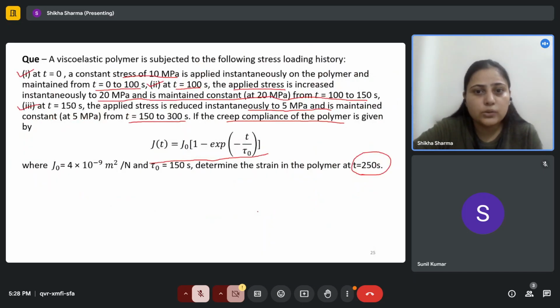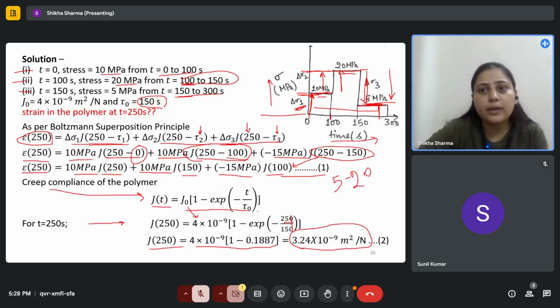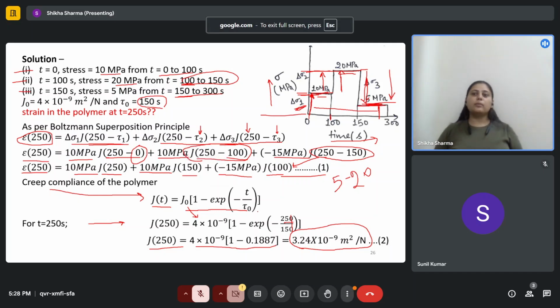So have you understood this question, the Boltzmann superposition question? What is happening is that we are applying stress in different time intervals: from 0 to 100 seconds we apply 10 megapascal, then from 100 to 150 seconds, 20 megapascal, and then from 150 to 300 seconds we decrease the stress and apply 5 megapascal.